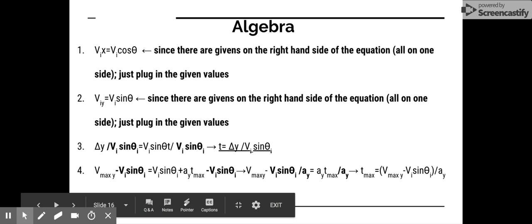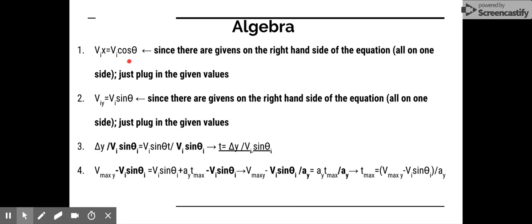Okay, so I changed that. And since we have all of these things given, we can just plug in the given values and solve for 1 and 2.